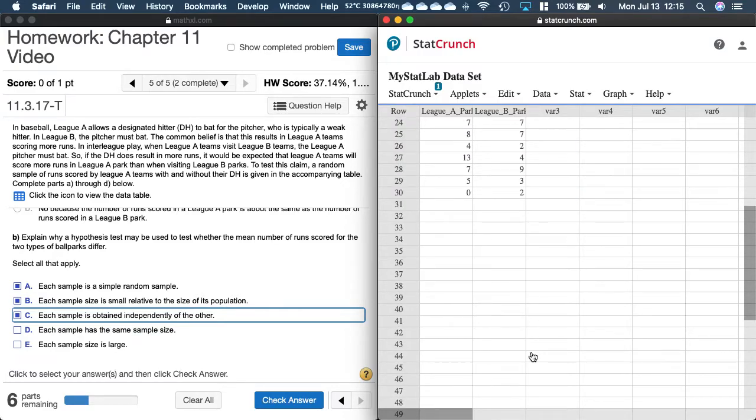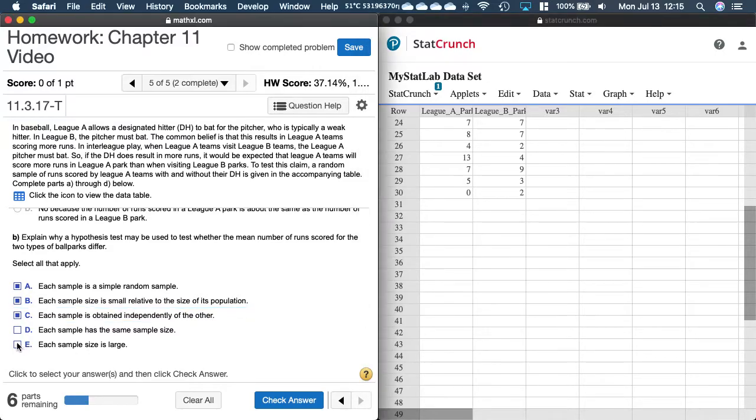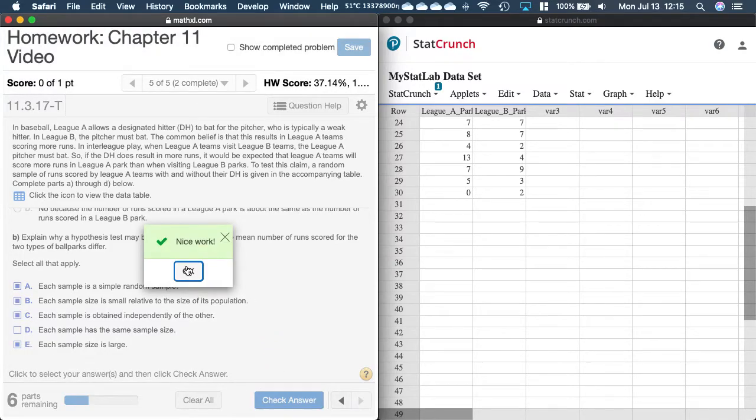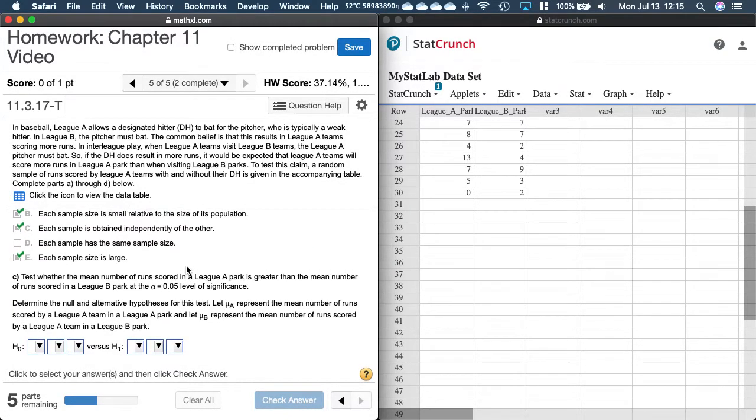This is true, but it's asking why we're using two tests on independence. And with independent populations, League A and League B, we do not have to have the same sample size. All right. Let's see how we did. All right. Don't you love it when it goes that way?